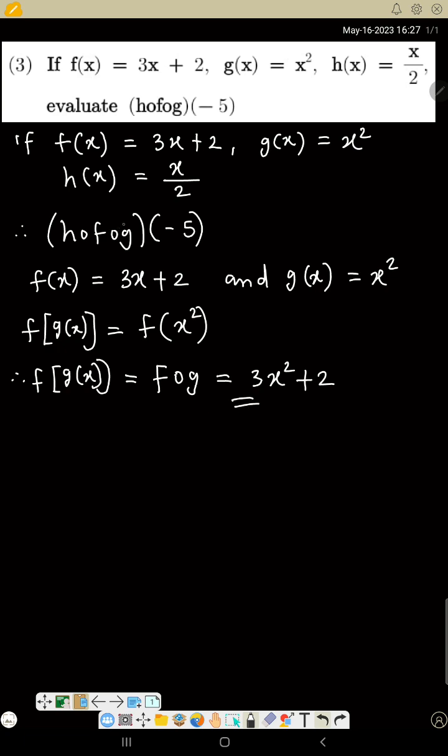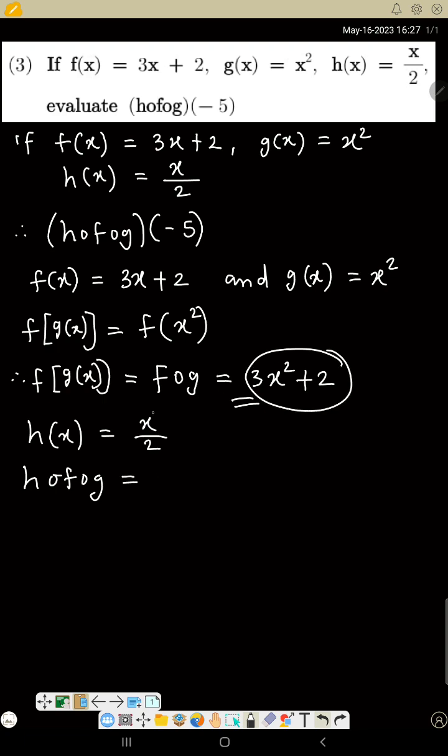Now, this f of g is inside h. So all these results will be inside h. And we know that h of s is s over 2. That means h of f of g now will be equals to, that is, all these results, put it anywhere you see s in h.